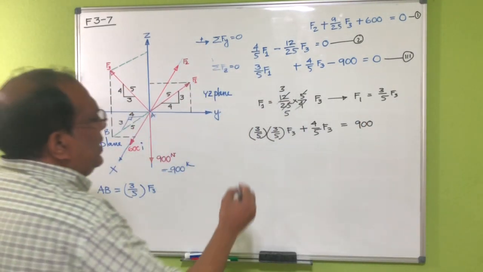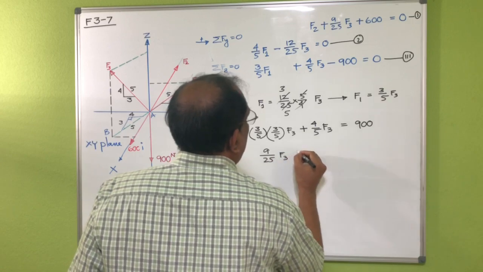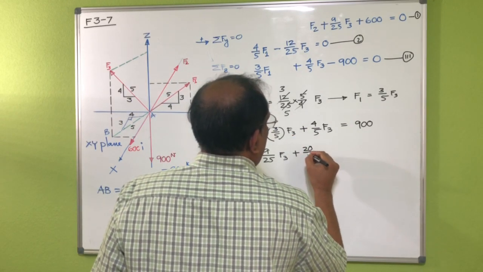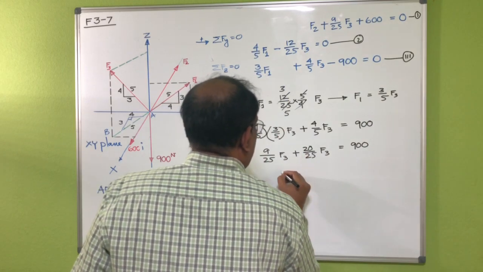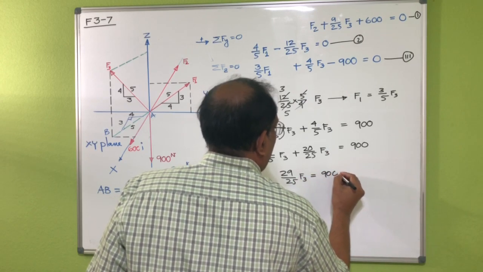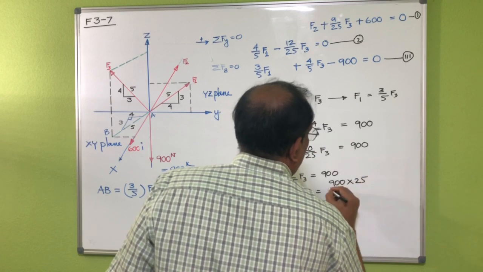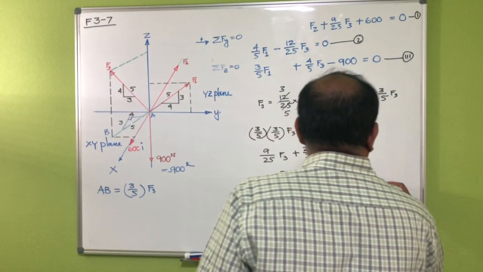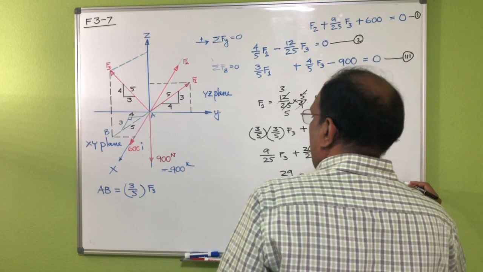Okay, so this one is 9/25 F3, and let's multiply both top and bottom with 5, so this one is 20/25 F3 is equal to 900, so this is 29/25 F3 is equal to 900, so F3 is equal to 900 into 25 divided by 29, which is actually F3 is 776 Newton.